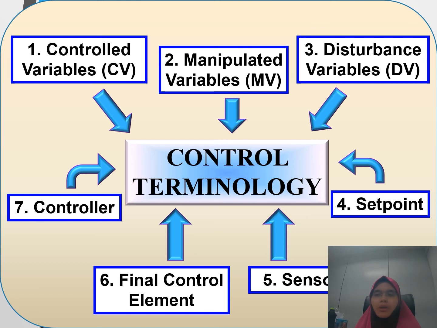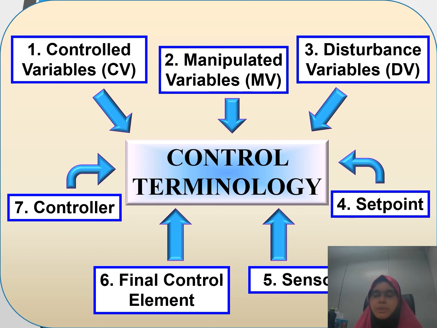The sixth one is the final control element. For the final control element, in most cases it is the control valve itself, whereby you are controlling the flow rate. But there are also some cases where it might be a heater or another element, according to your process.